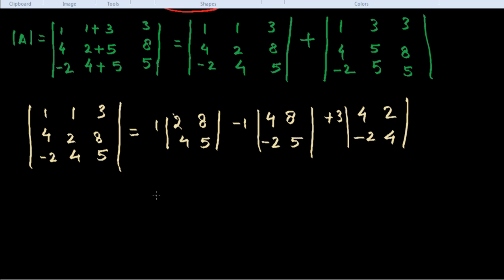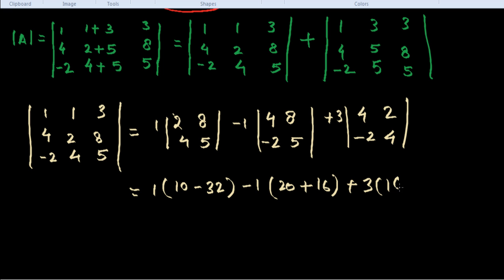So here we get 1 into 10 minus 32, minus 1 into 20 plus 16, plus 3 into 16 plus 4.